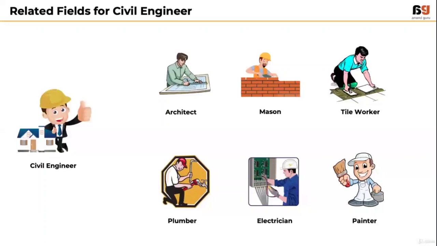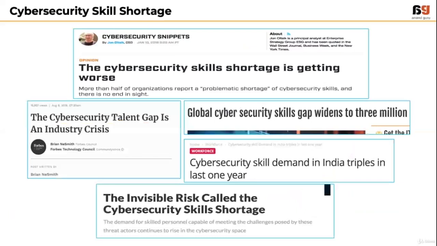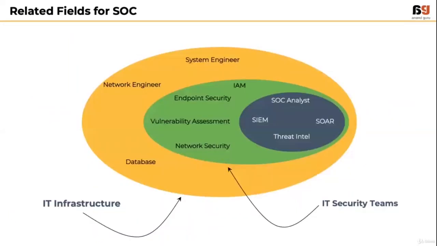Now, he cited an example with related fields for civil engineers. As a civil engineer, you should know how to work with the architect, the mason, the tile worker, the painter, the electrician, and the plumber. So you should have broad knowledge on how to work with these people. So also is the SOC analyst.